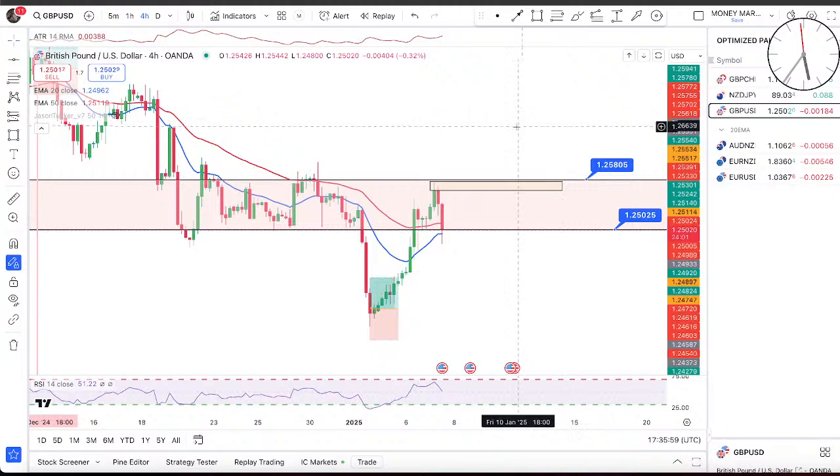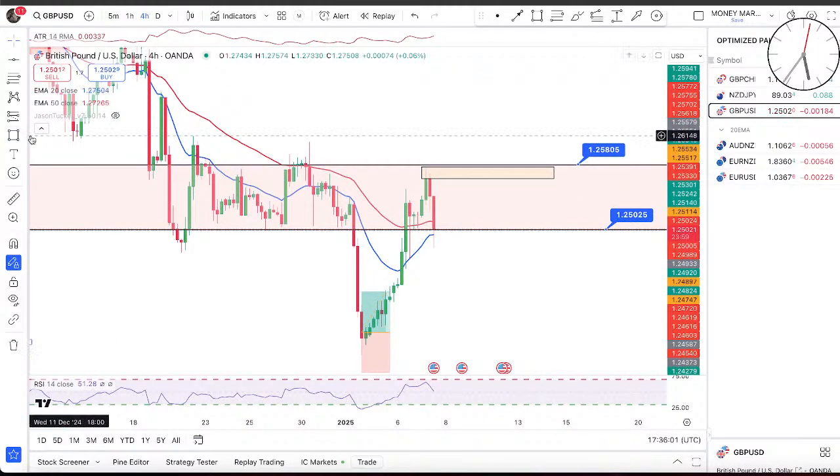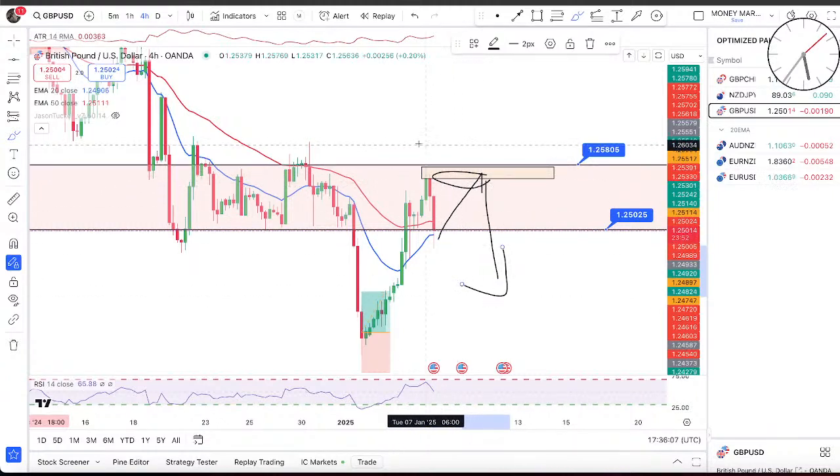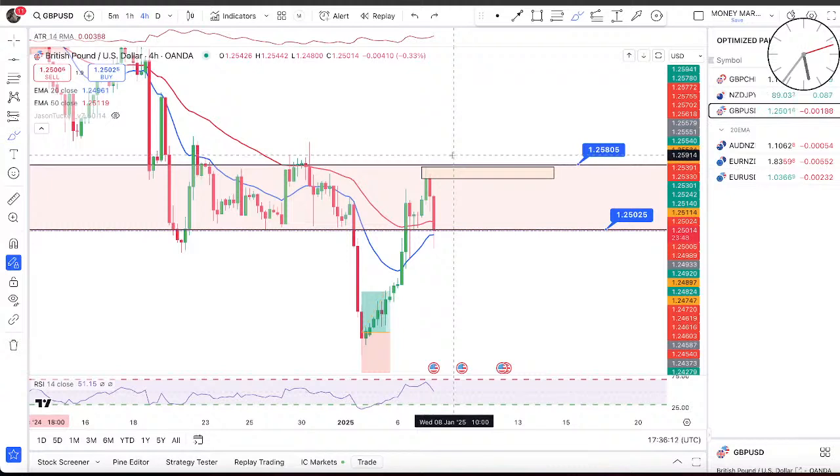Right here. So mark your rejection zone, wait for the pullback, and then rejection here. Pullback and rejection, and then you can go short by keeping a stop loss above 180 or above the box. So that's the selling area for GBP USD.